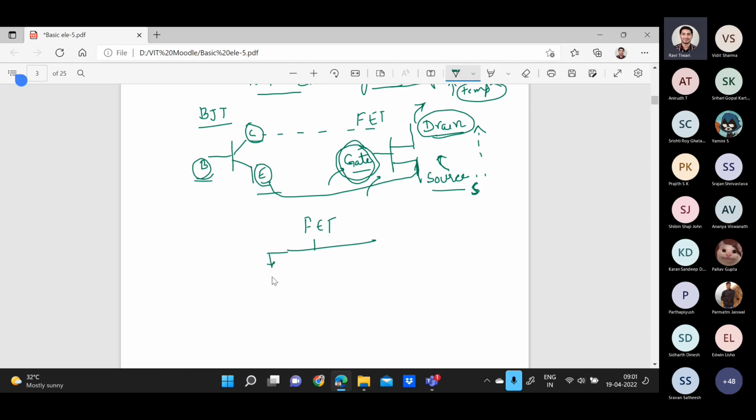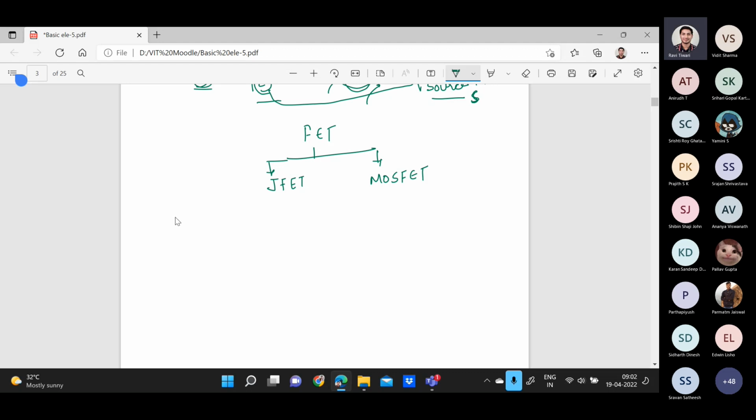One is JFET, or junction field effect transistor. Another one is MOSFET, metal oxide semiconductor FET. So let's start with JFET first. I'm starting with the junction field effect transistor.